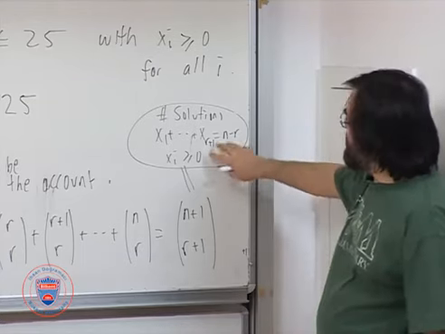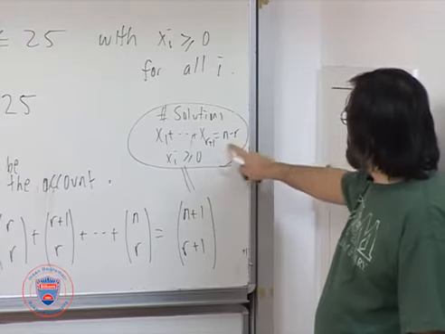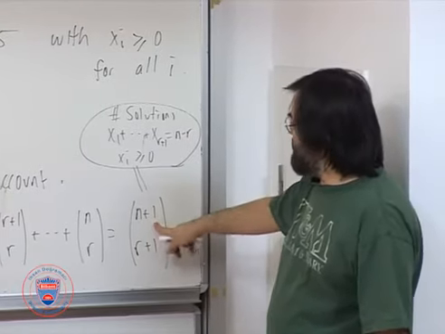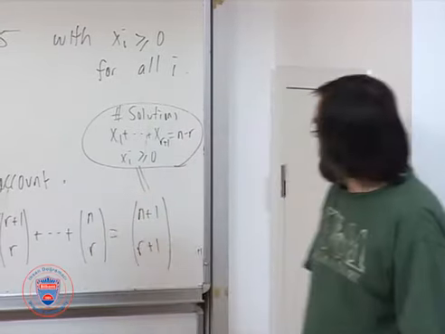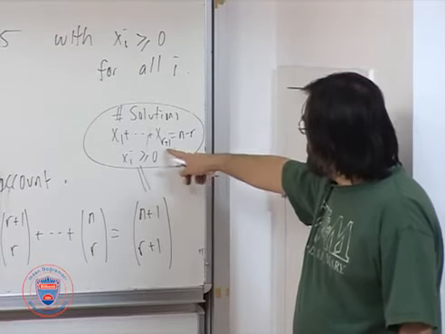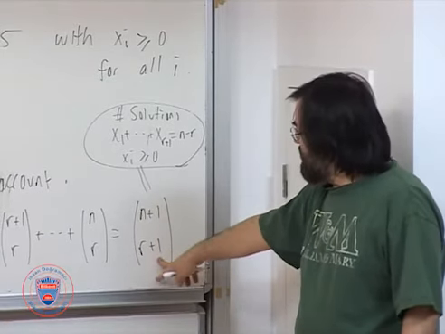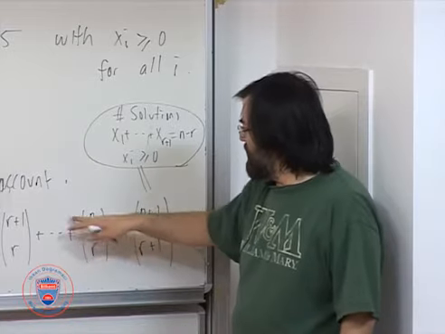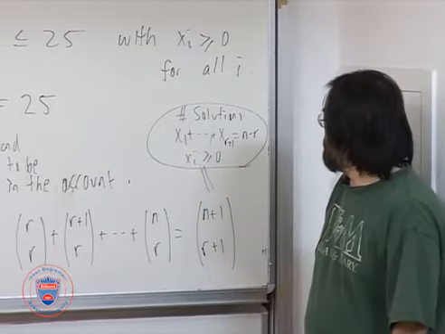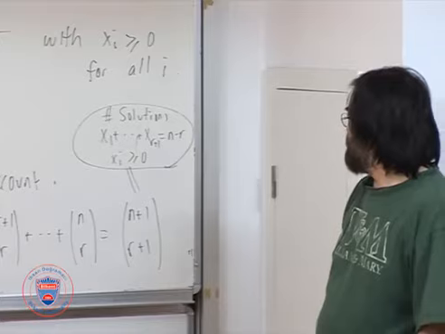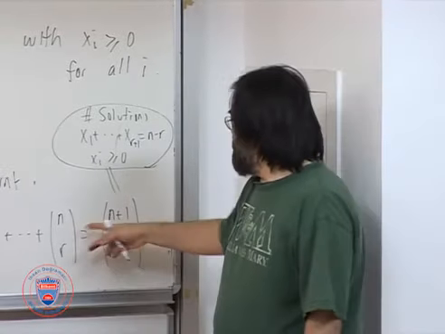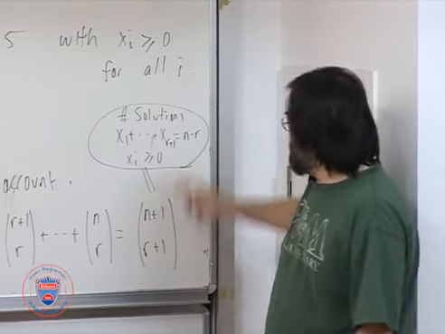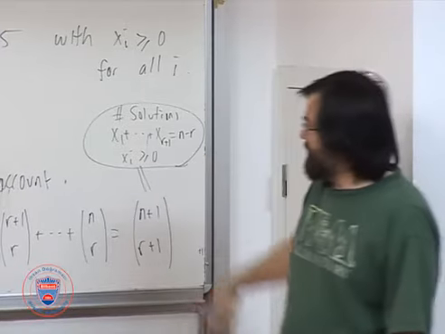You have to set it up slightly differently because you want to get this to be equal to n plus 1. But essentially, it's true. So it's a number of solutions. One way to solve it is by using a dummy variable. The other way is by using the different values that you can choose. And you have to be careful about how to set this up. But this is the correct way.